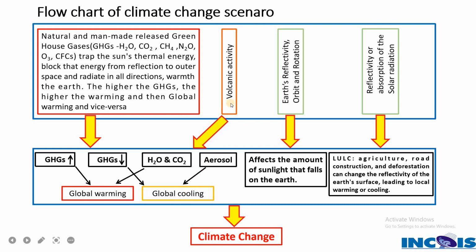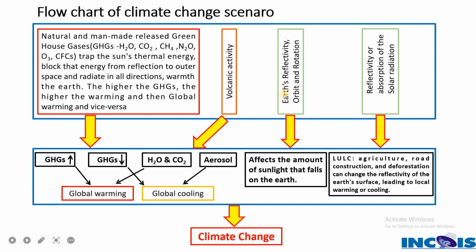If you look at historical events of volcanic eruptions, most of the time a cooling effect has been created rather than warming. Okay, so this activity causes either warming or cooling. And when there is either warming or cooling, obviously it leads to a change in the climate. That's why it will be one more cause of climate change.